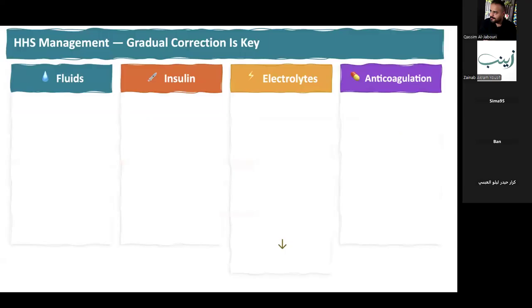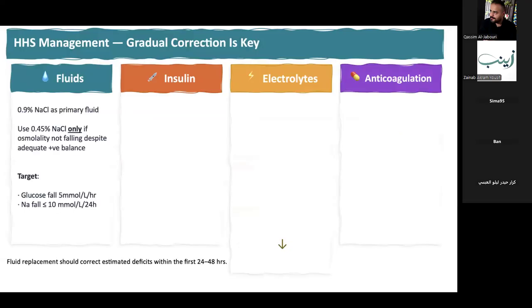Talking into further details about this management. So the fluid, as we said, the primary fluid is normal saline, and we only use half saline if osmolality is not falling, despite adequate positive balance. So this is important. You can't just calculate the osmolality and then say osmolality is not falling, but the patient is actually in negative balance and they haven't received enough fluids.